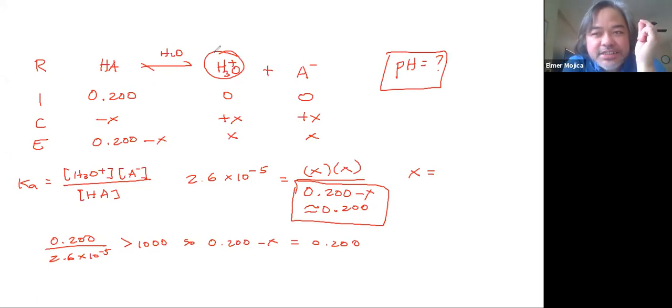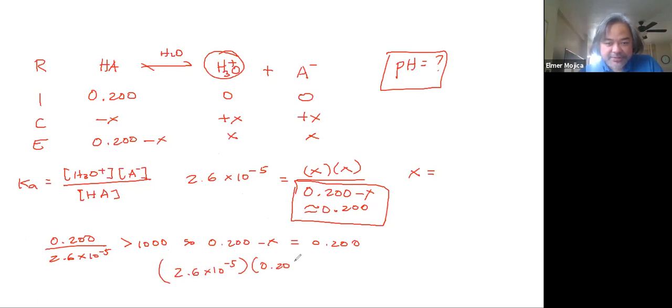So you have to analyze the problem. I'm looking for the pH. How do I get the pH? If I get the H3O plus concentration, I can determine the pH. So the first thing that I'm going to do is I need to get X. So if we're going to do the calculation here, this will become 2.6 times 10 to the negative 5 multiplied by 0.2, and you have here X squared.